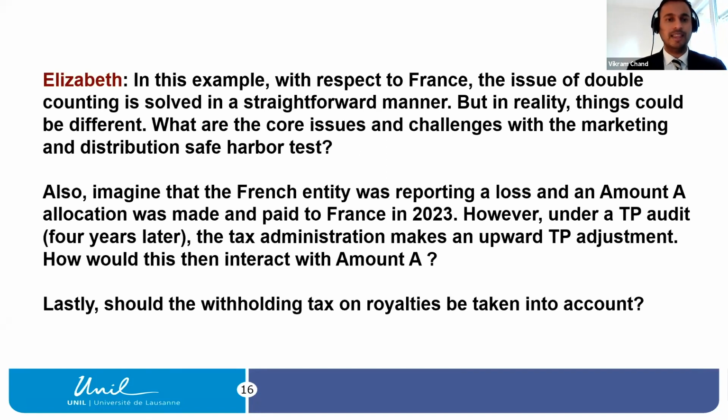How would this adjustment interact with Amount A? Because Amount A has been made and paid in 2023, but the tax administration is making an adjustment in the year 2027. And finally, how should withholding taxes on royalties be taken into account in our example?